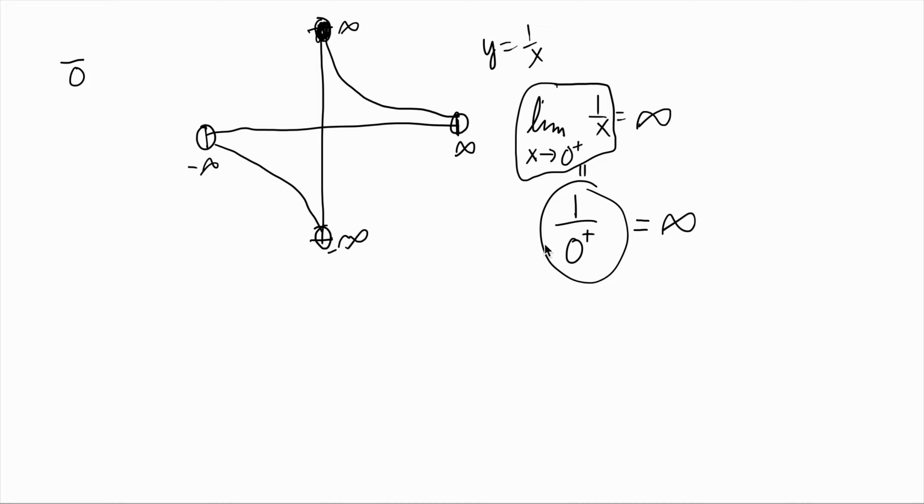Notice we didn't write 1 over 0, we wrote 1 over 0 plus. In a like way, we can write 1 over 0 minus. What would that be? Well, it's down here. The y value would be negative infinity. So we have a specific value that we can assign for 1 over 0 minus.